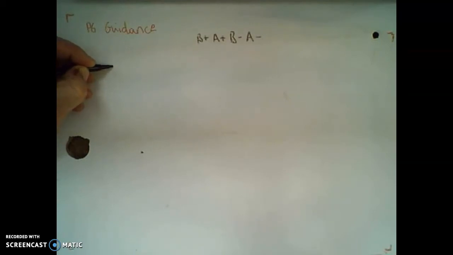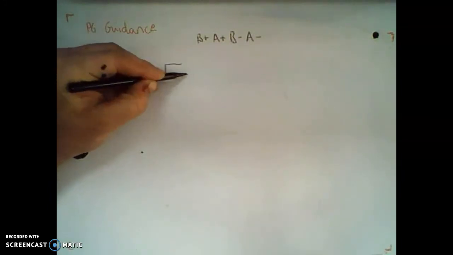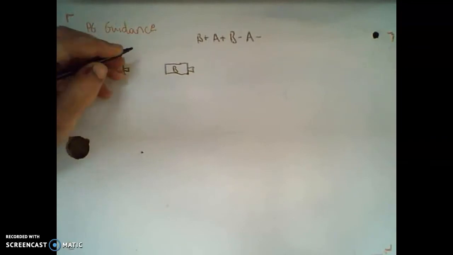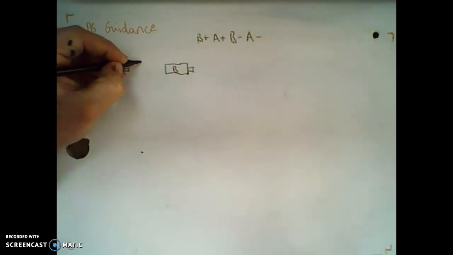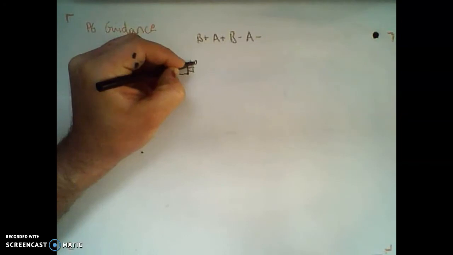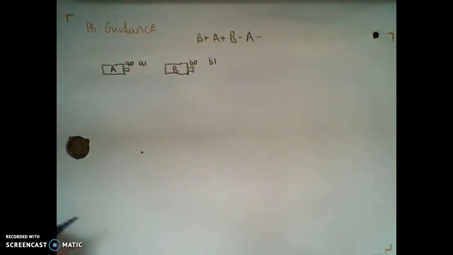So we've got two double acting cylinders, cylinder A and cylinder B, and they will have two switches. So A0 to say that the cylinder is fully in, and A1 to say that it's fully out, and B0 to say it's fully in, and B1 to say that it's fully out.